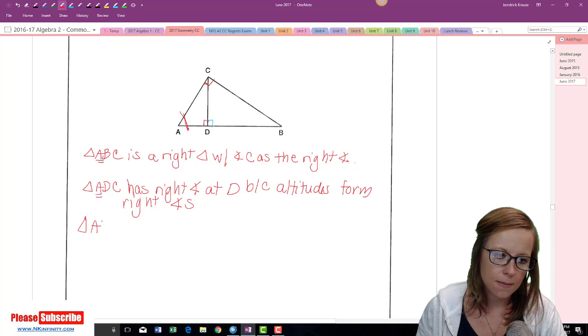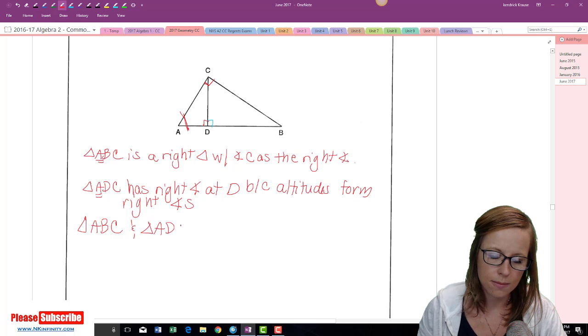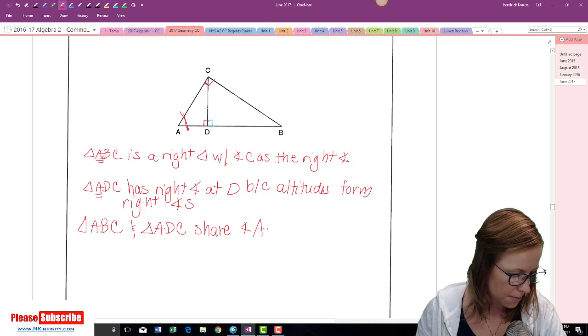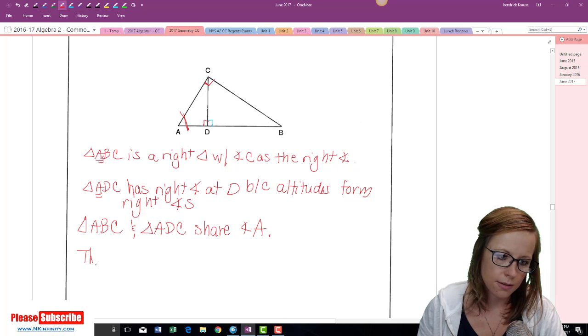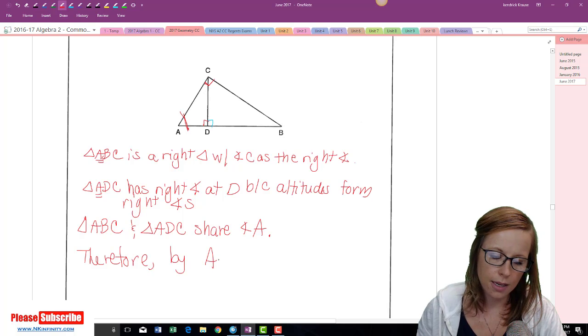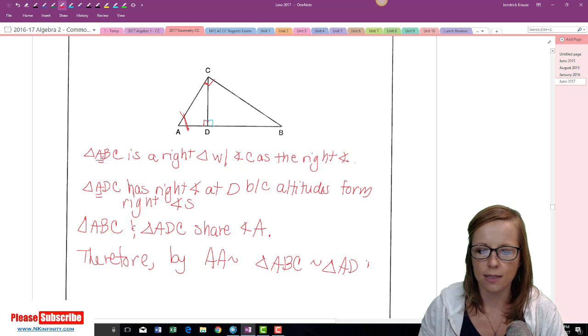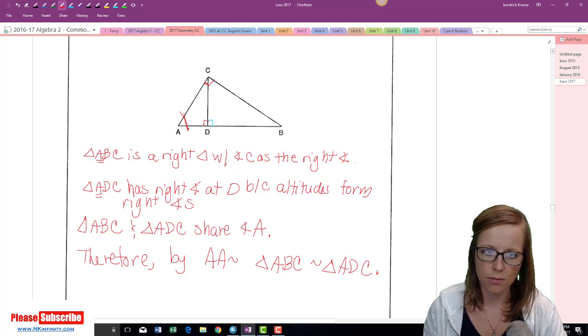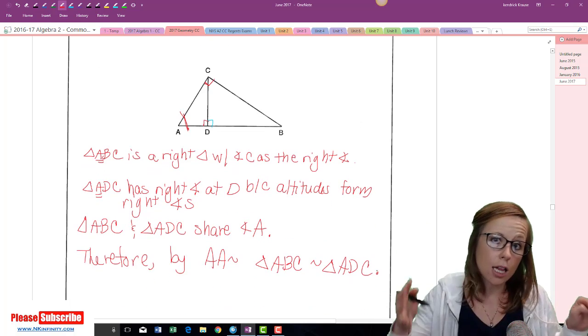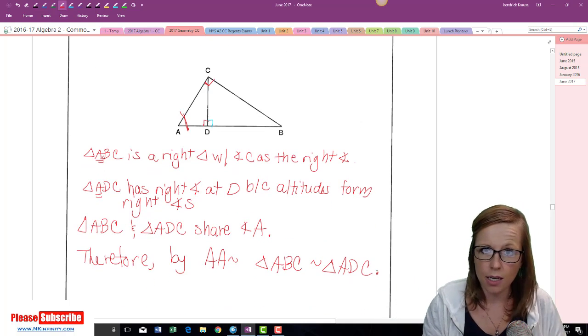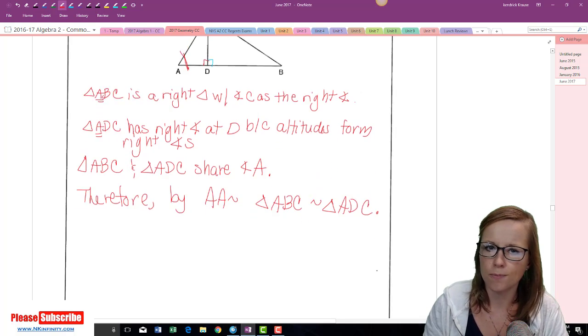Triangle ABC and triangle ADC share angle A. Therefore, by angle-angle similarity, triangle ABC is similar to triangle ADC. Done. Nothing crazy. You could have done it in a column proof if you wanted, that's fine, but you have to say a lot of things here.